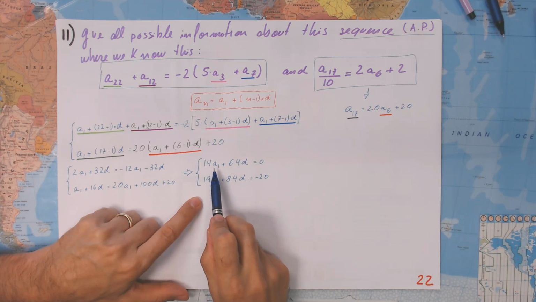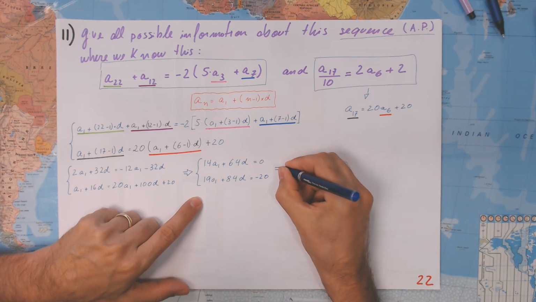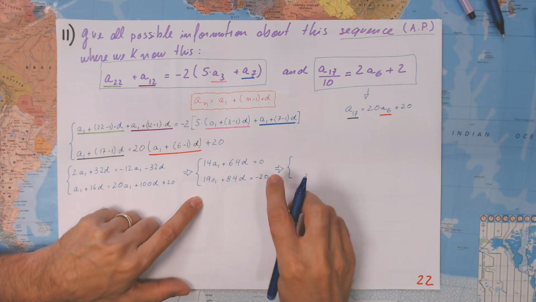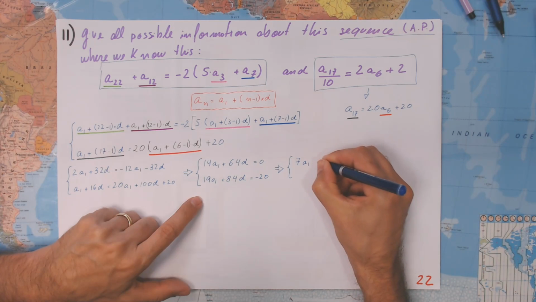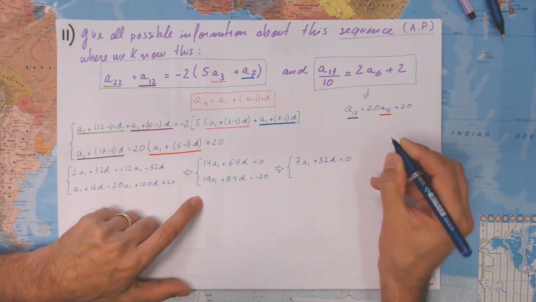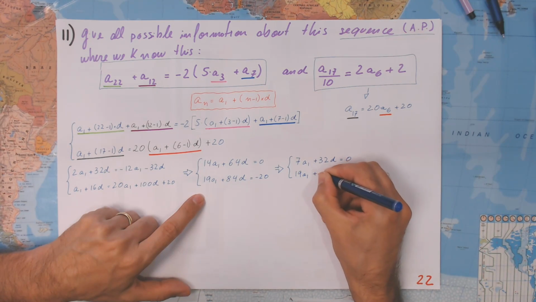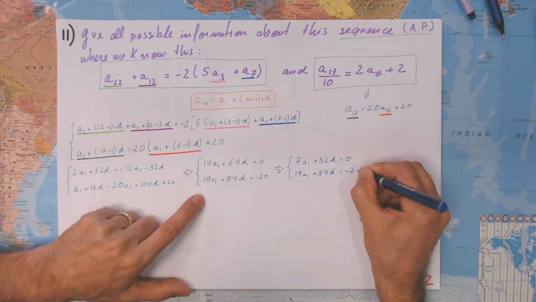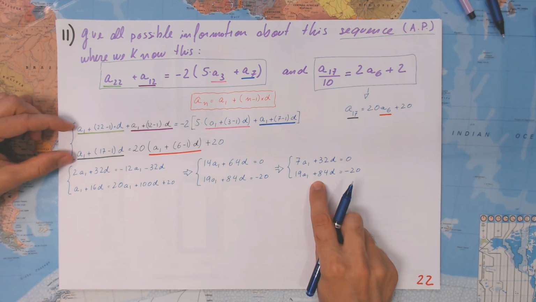We can divide by 2, okay, the first one. The simpler we can put it, let's just do it because the numbers are too big. So this is going to be 7A1 plus 32D equals 0, and 19A1 plus 84D equals minus 20. Well, this is a much better expression than this one.